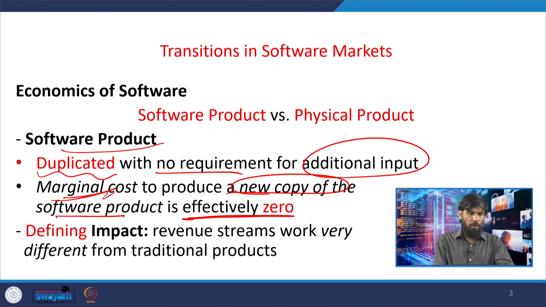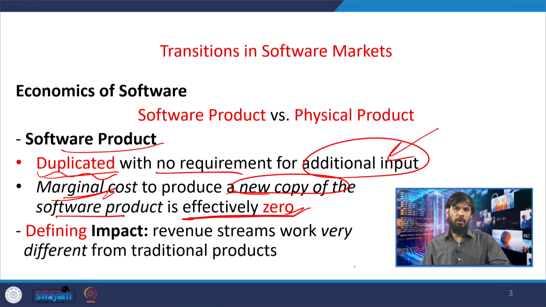Why? Because whatever we do in the digital world, it can be duplicated, simply copy and paste kind of scenario we are talking about. So, therefore, for any additional unit, there is no marginal cost that is incurred. So, that is effectively 0, right, because there are no raw materials, nothing is to be consumed, right.